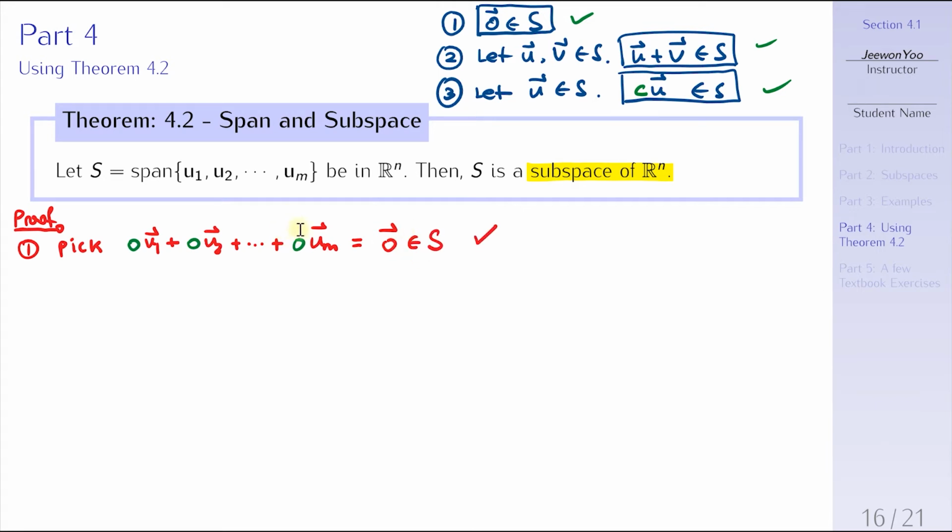Now, everyone, let's pick two random arbitrary family members in the set S. One of the family members looks like c1 times u1 plus c2 times u2 plus ... plus cm times um. That's one general family member in the set. Also, we can write another one with scalars like d1 u1 plus d2 u2 up to dm um to be another family member.